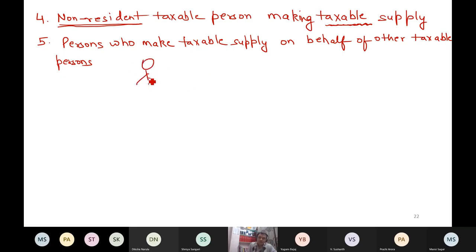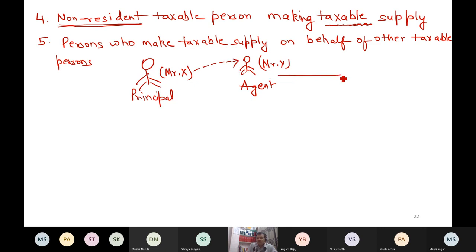So if Mr. X is the principal, Mr. Y is the agent. So principal Mr. X asks his agent to supply some goods to Mr. K. So Y is not supplying to Mr. K in his own capacity.